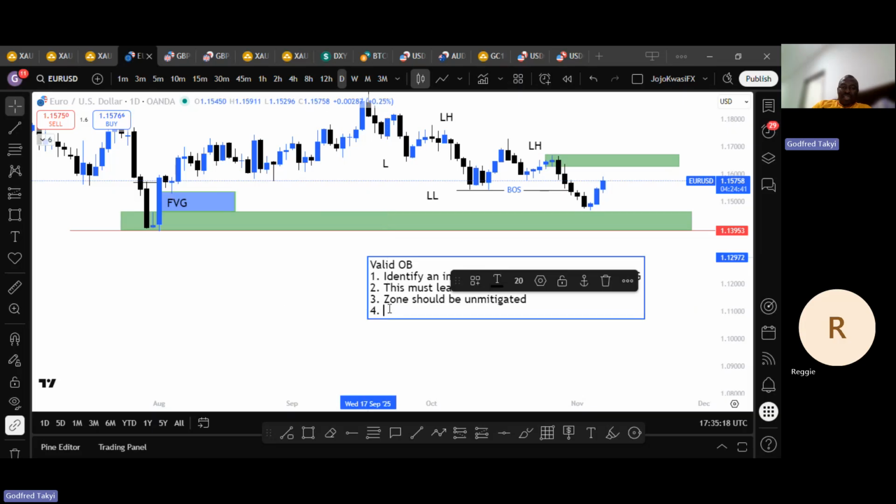And the fourth one, which is my own personal, talks about liquidity pool. I'll not bore you too much with it. For a bullish order block, it should close below the previous candle. So for bullish OB, it should close below the previous candle.